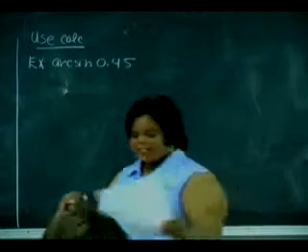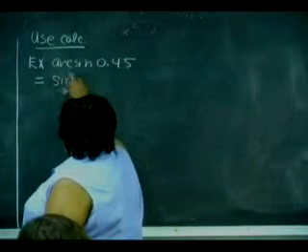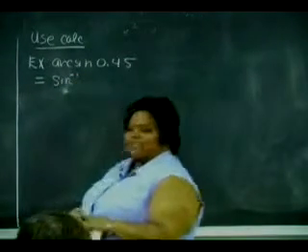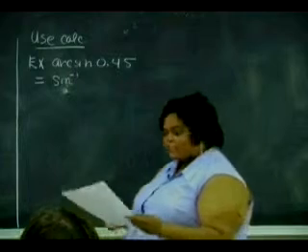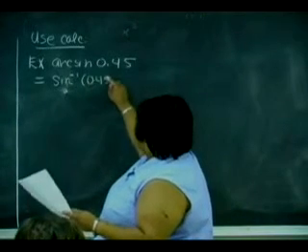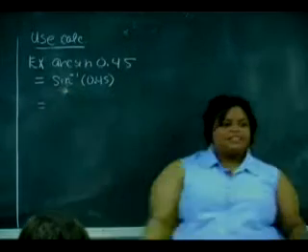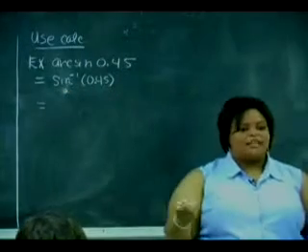Now, what does this mean? Remember I said at the beginning, the inverse functions may look something like that on your calculator. Sine to the -1st of 0.45. Do we see that button on our calculators? Should be second function sine or something.